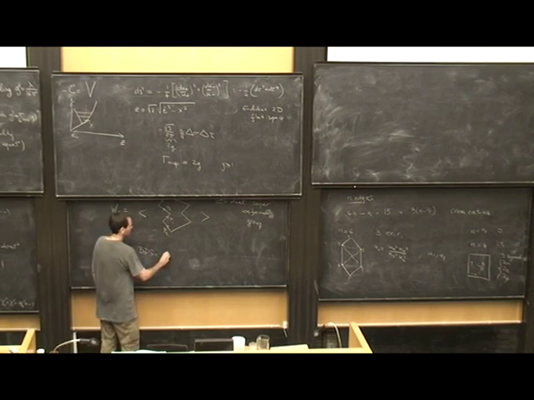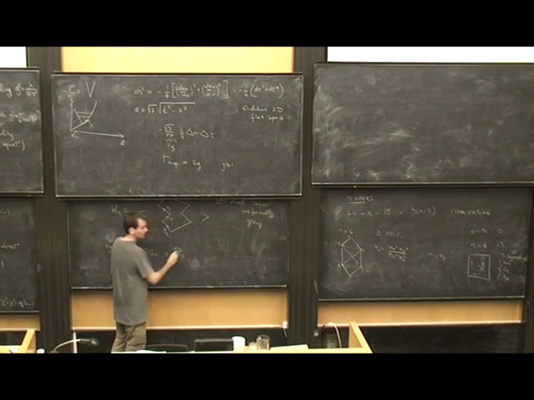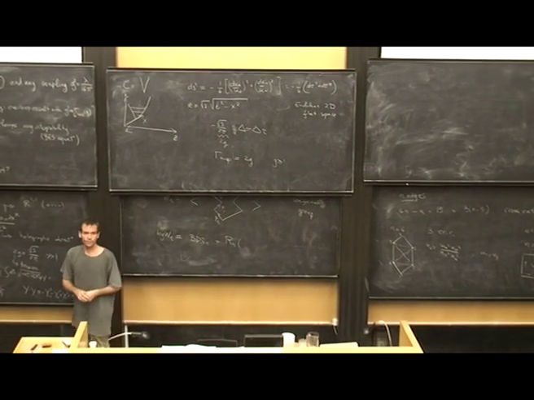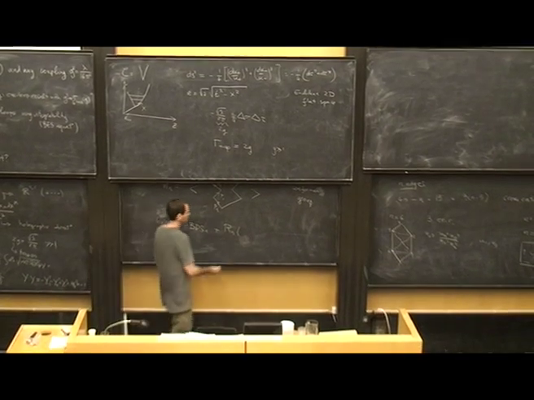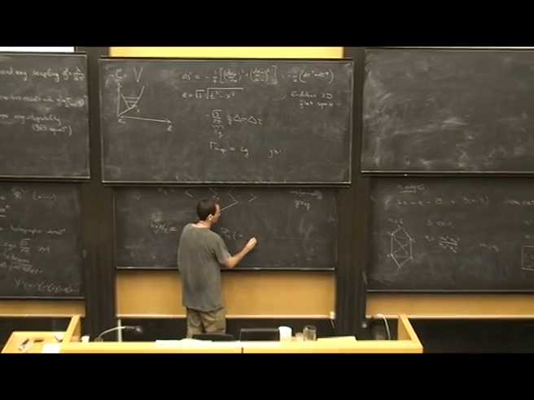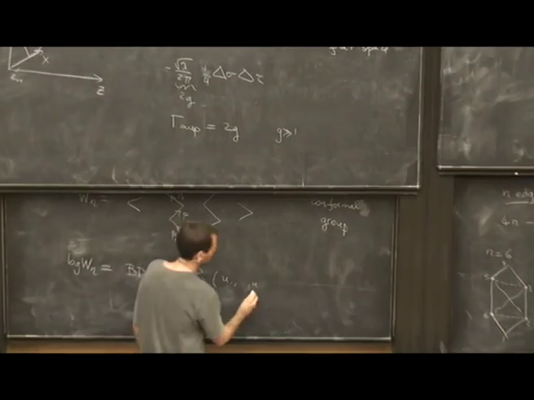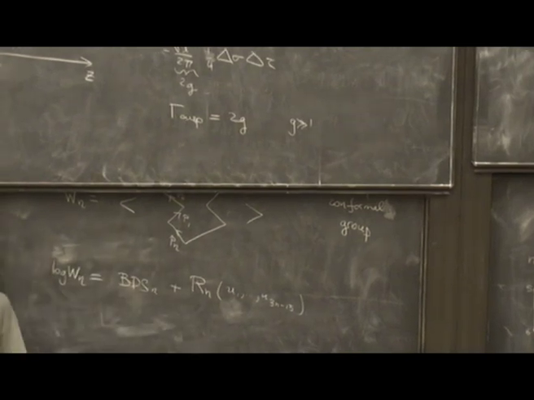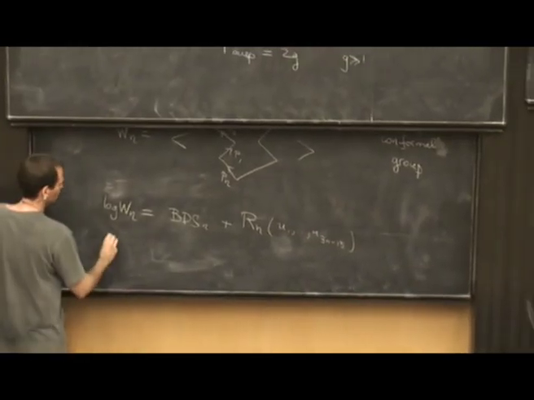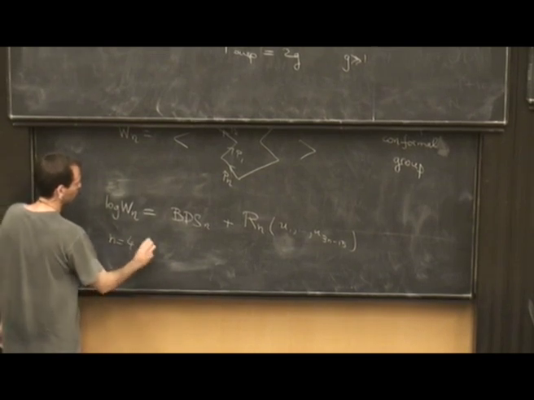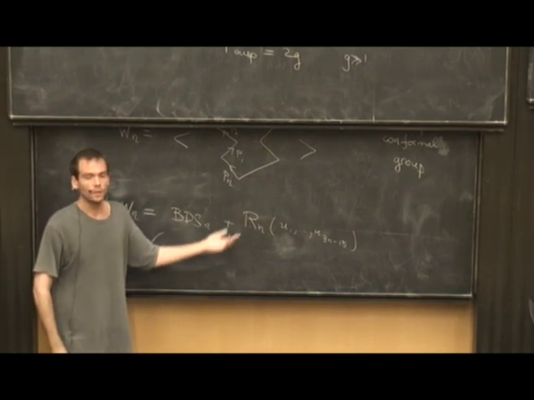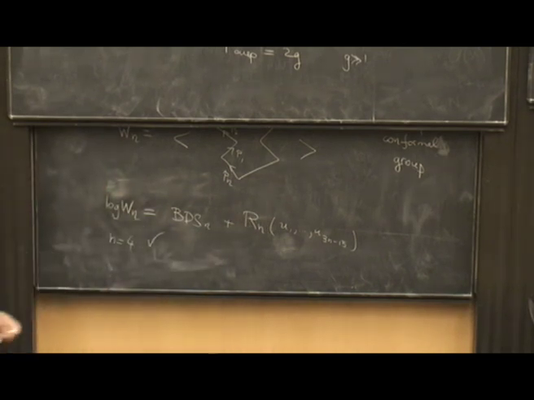So BDS n plus what is called the remainder function, which is what is not related to these divergences, which is a finite piece, and which is conformally invariant, meaning that it depends on the cross ratios. Which means, as a corollary, that n equal to 4 is solved. This piece cannot exist, or it's just a constant, and this constant is something we could not fix by some sort of argument.